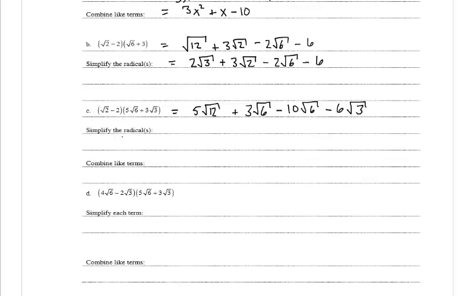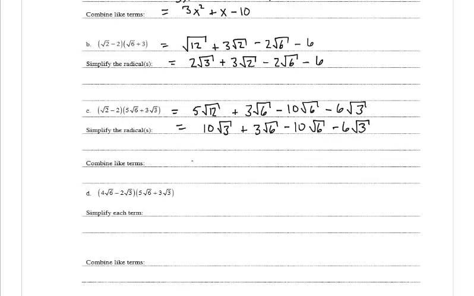And now we want to simplify our radicals. And the only radical that can be simplified is the square root of 12. So the square root of 12 could be the square root of 4 times the square root of 3, and the square root of 4 is 2. 2 times 5 is 10 times the square root of 3 plus 3 square root 6 minus 10 square root 6 minus 6 square root 3.